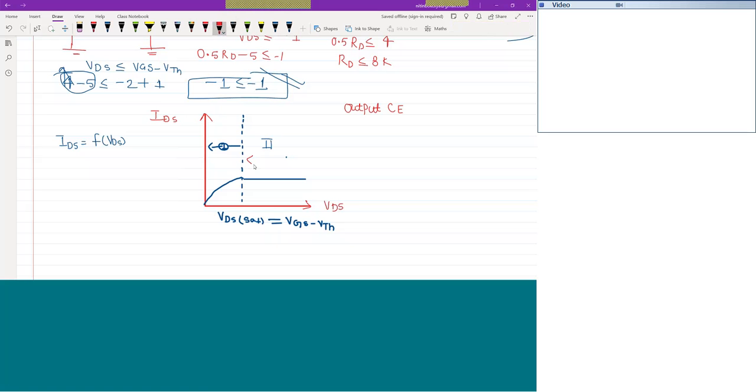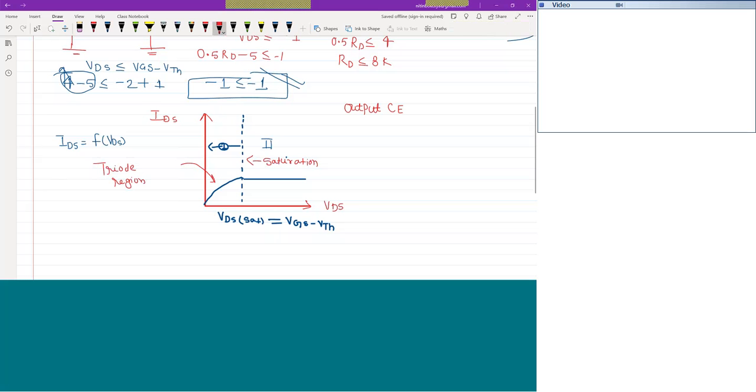This region is known as the saturation region, and this region is known as the triode region. So this is the idea of how we can approach the characteristics. It works in two regions.